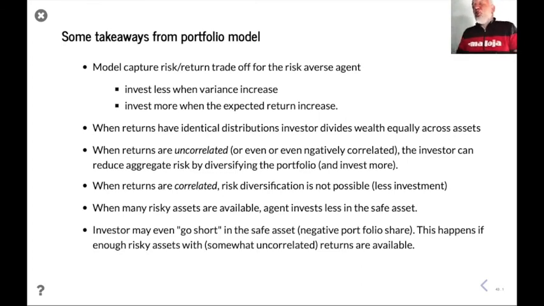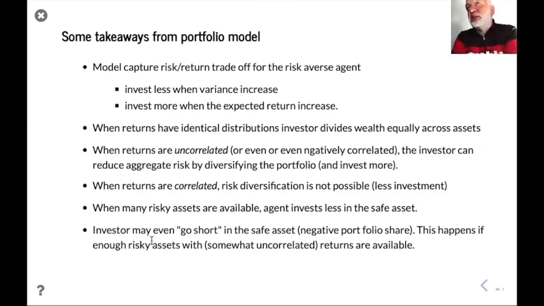But when they're correlated, you can't do that risk diversification. That leads to less investment in the risky assets, and then the investor would go back to the safe asset. When many risky assets are available, the agent invests less in the safe asset if they're correlated.